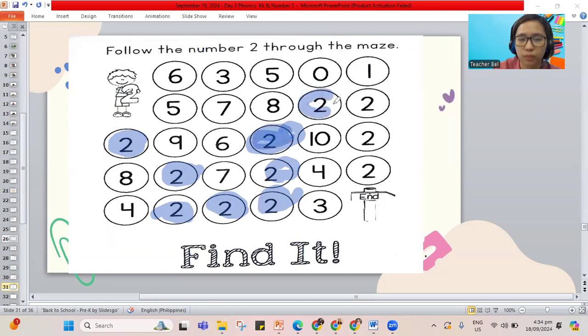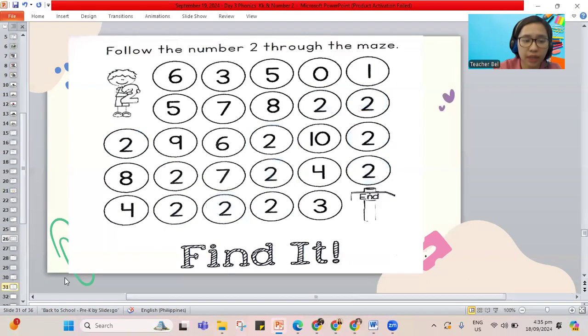Number 2. Okay, so how about our maze? We found all the number 2's that we need. If you're not yet done, pause the video, play it again once you are done.